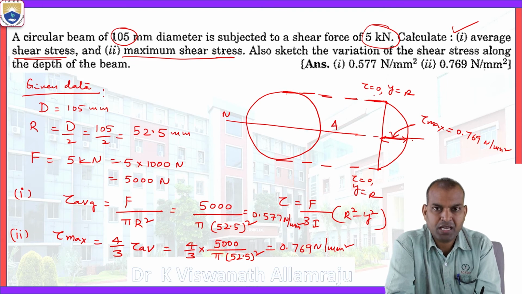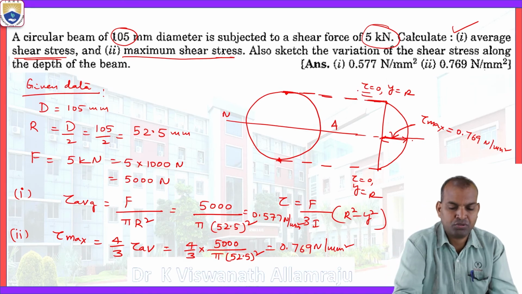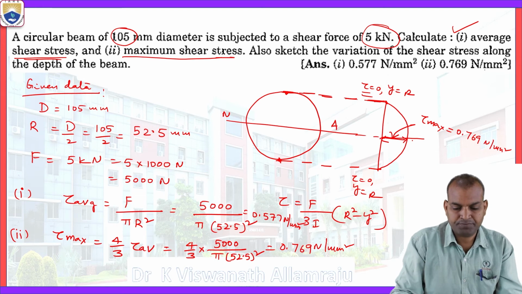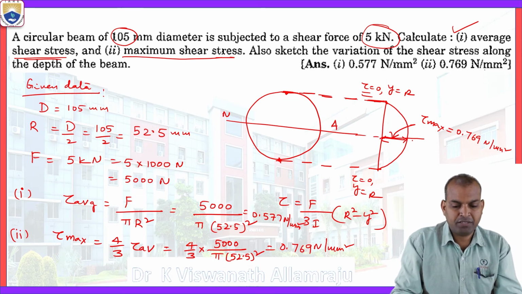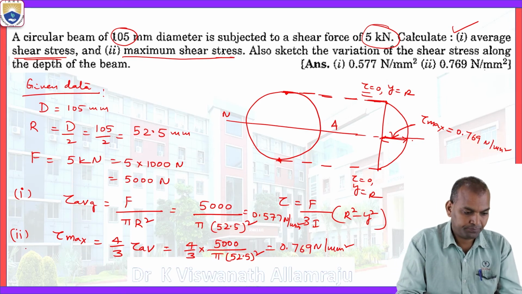The shear stress varies from the top edge to the bottom edge, and at y equal to r, the shear stress equals 0. So in this manner we can solve the problem of the shear stress variation across the circular cross section of the beam.